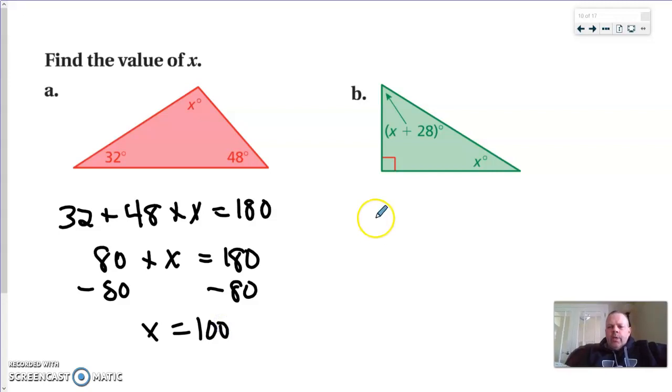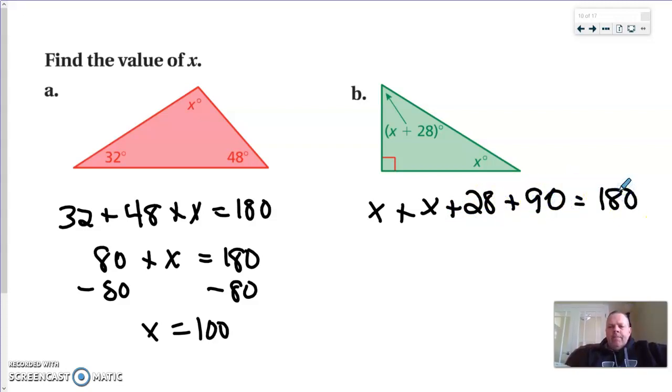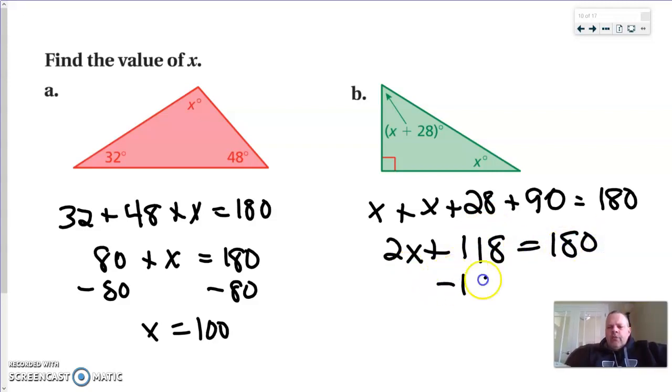On this other side, we know that x plus 28 plus 90 is equal to 180. We now have 2x plus 118 equals 180. In this, we can subtract the 118 from both sides.